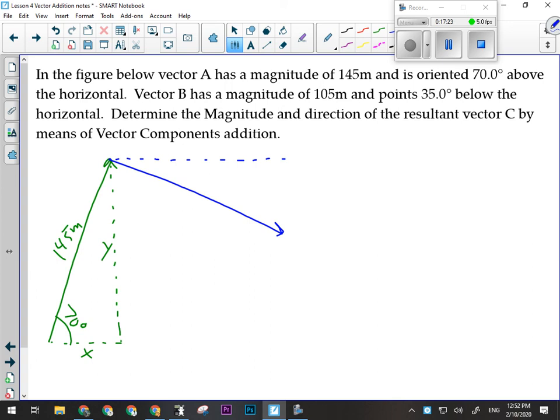Scale's somewhat important. So this angle here is 35 degrees. This line is 105 meters long. This would be the horizontal component of that 105 meter long vector, and this would be the vertical component of that 105 meter long vector.